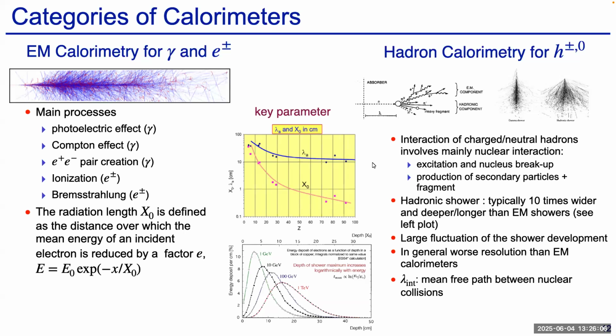The key here is not the radiation length, but the so-called interaction length, which is the mean free path between nuclear collisions. So these are the two variables. Lambda is the key parameter for hadron calorimetry, and the radiation length for electromagnetic.